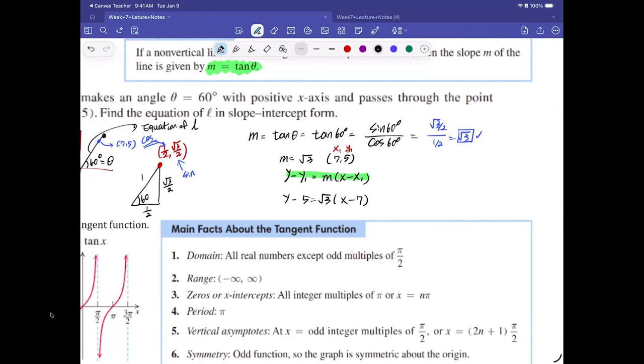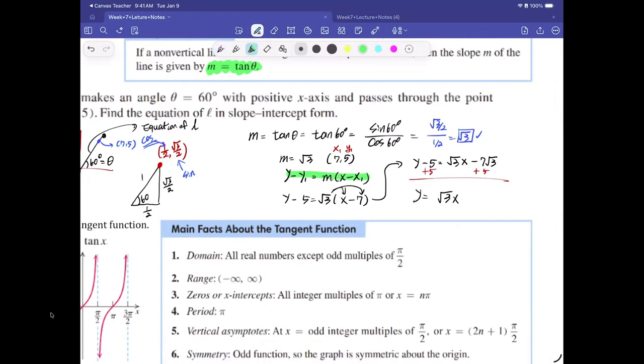I know this looks weird, but keep going. y minus 5 equals square root of 3 x minus 7 square root 3. And then I'm going to add 5, so y equals square root 3 x.